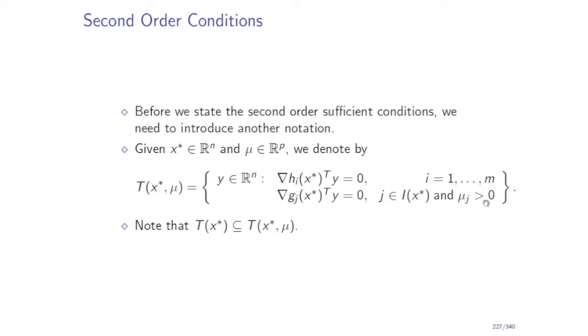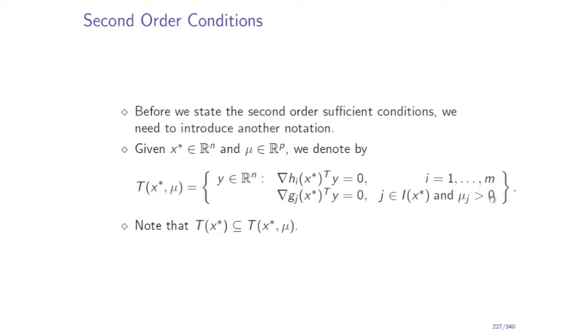So it looks like this constraint is not important for the local optimality properties, okay? Therefore, if mu j is zero, then we wouldn't include the corresponding constraint in the definition of the tangent space. We only look at active constraints that have a positive Karush-Kuhn-Tucker multiplier here.